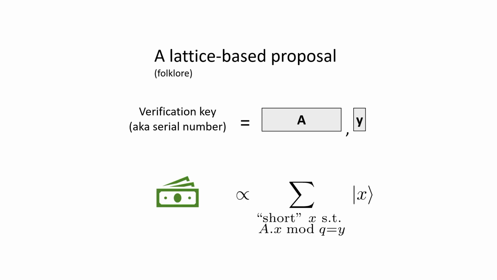The banknote is a superposition of short vectors x such that A dot x equals y, again mod q. Note that we only consider single banknotes, but this is not a weakness because using standard techniques, you can always extend to multiple banknotes.